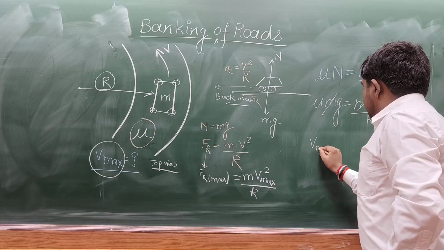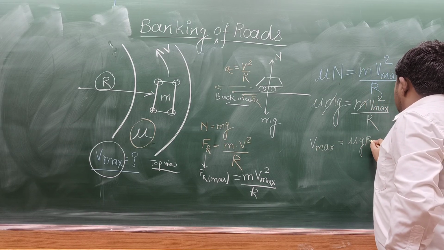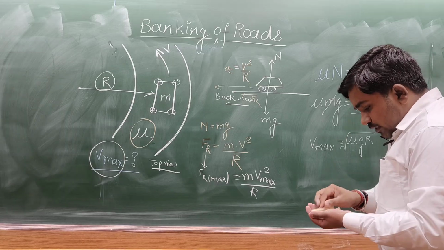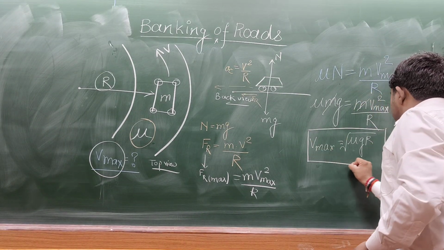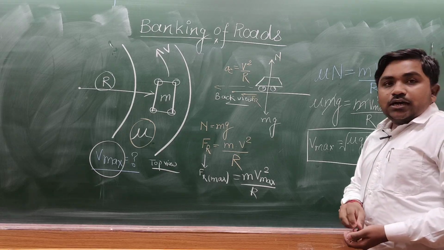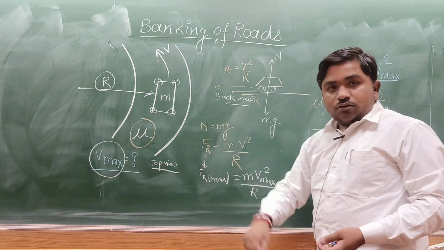From here I get Vmax is equal to square root of mu g r. So this is the expression which we have got for the maximum velocity at which the car will take a safe turn on this particular horizontal rough circular track.